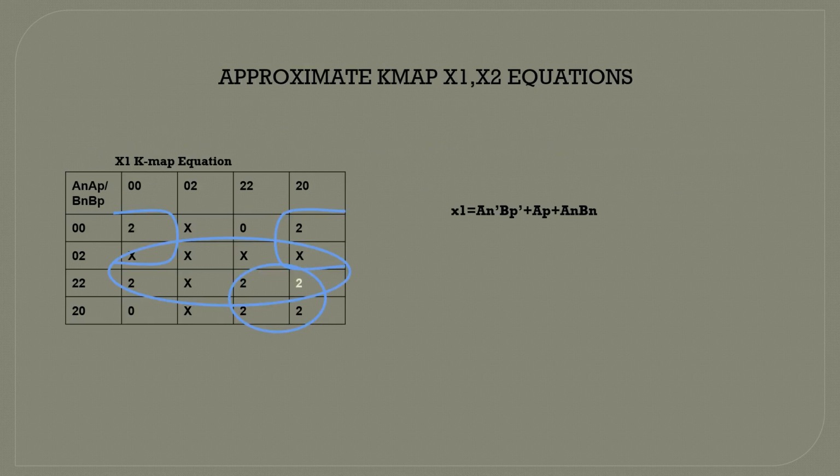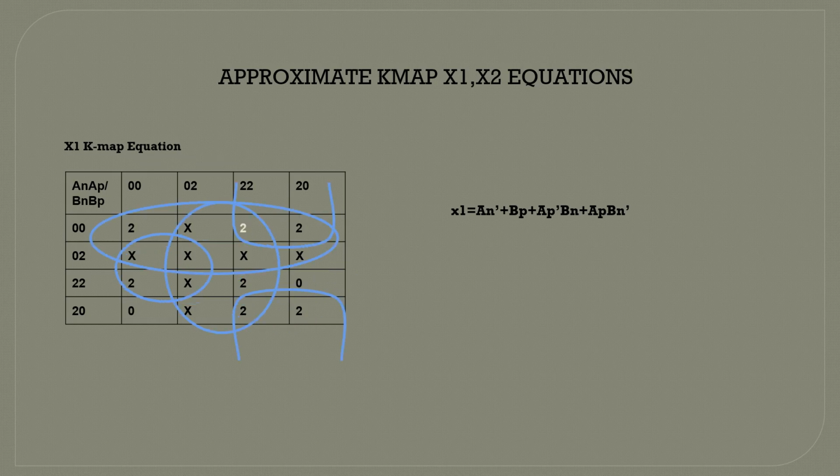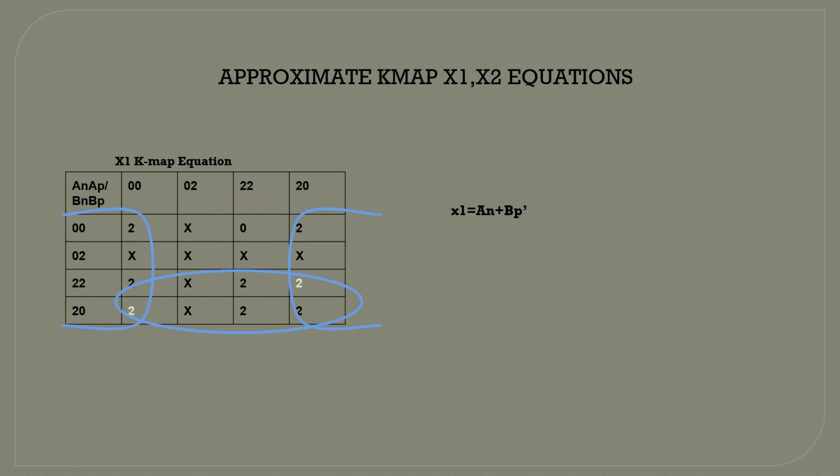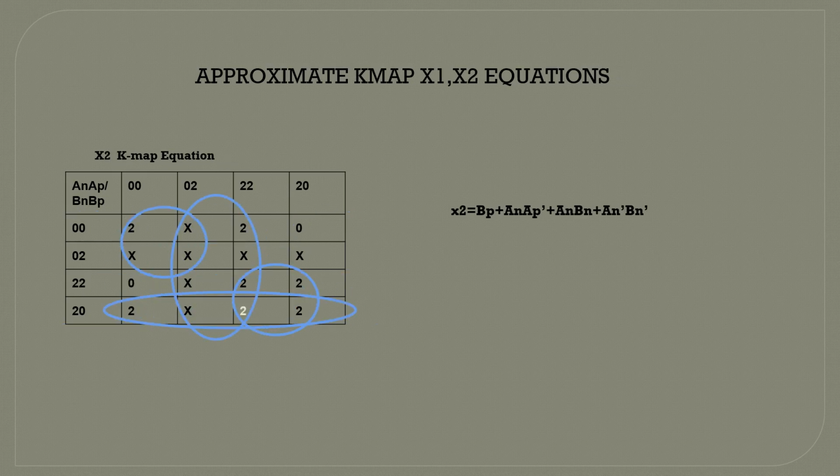Here we have included one error at position 2220 and have got one equation. In the same X1 K-map we have included an error at position 0022, only one error, but here we have included two errors. We can see that the X1 equation was reduced. In the same way we have done it for the X2 equations, and using those equations we have got different cases.